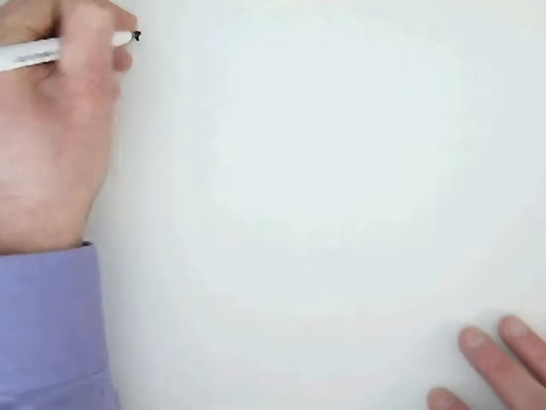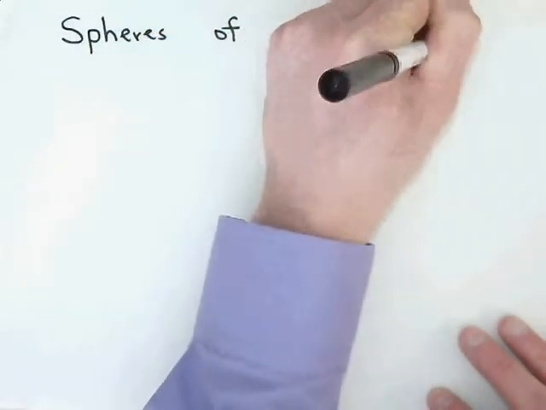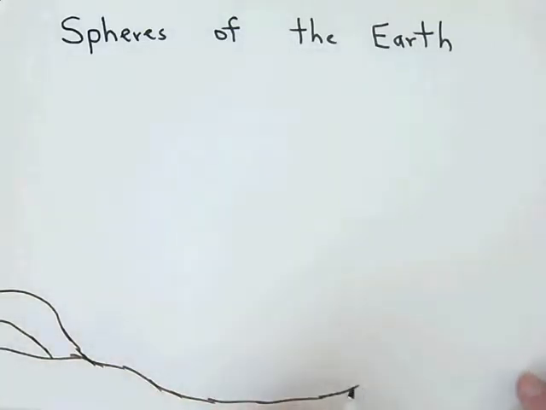Today we're going to talk about the spheres of the Earth. There are actually 4 spheres of the Earth. The first one would be all of the rocks, the land, the soil, and everything essentially that makes up the solids of our planet.